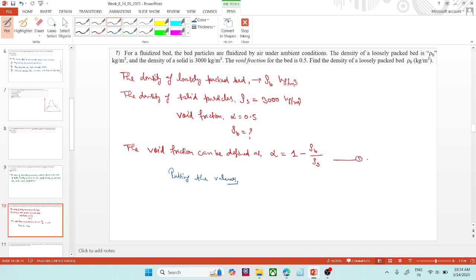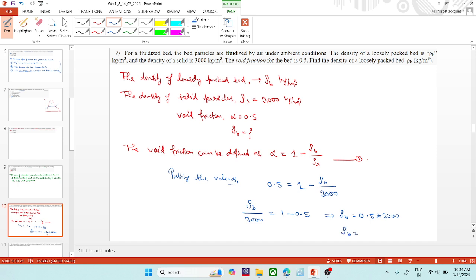putting the values, alpha here is 0.5, which equals 1 minus rho b, which we have to find out, and the value of rho s is 3000. So rho b by 3000 is equal to 1 minus 0.5. So density of loosely packed bed rho b is equal to 0.5 into 3000.